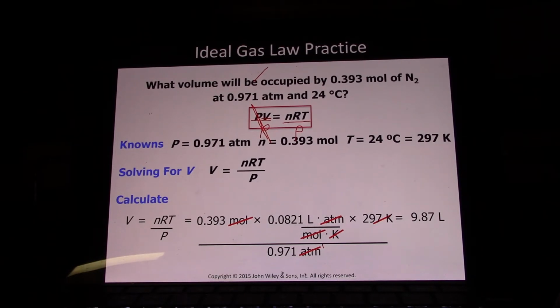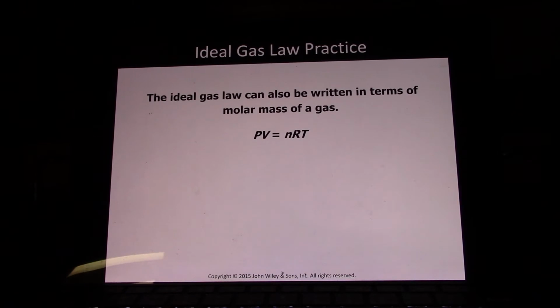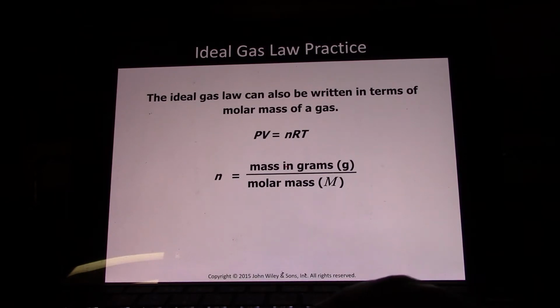9.87 liters. The ideal gas law can also be written in terms of molar mass of a gas. So grams divided by moles is the same thing as moles. Because as we just said, when you divide by a fraction, you can just flip it and multiply it. And so instead of dividing by grams divided by moles, we can flip it.